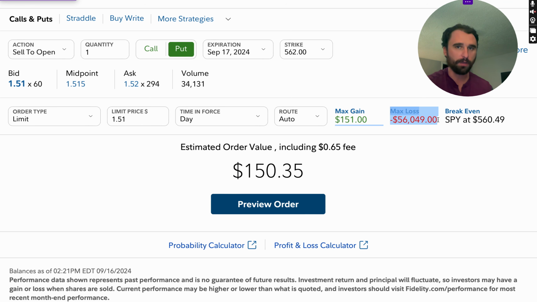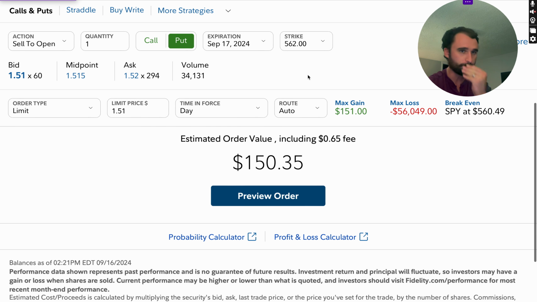But the max loss is how much I would lose if the stock market went to absolute zero. So the U.S. economy collapses, every company in the S&P 500 goes bankrupt. This max loss right here is what I would lose. That's important to consider, especially when you're doing this against individual stocks, because we know most likely, 99.999% certainty, if not even greater than that, that every single company in the S&P 500 is not going to go bankrupt by tomorrow, September 17th.